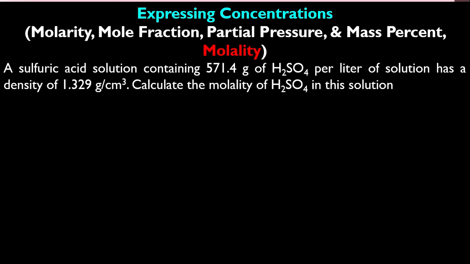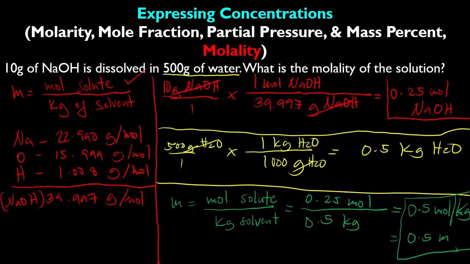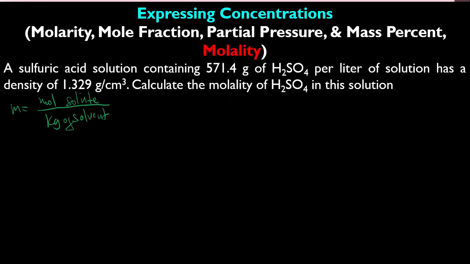Before we use our formula for molality, again, the molality of a solution is equal to the mole of solute over the kilograms of solvent. So we don't have yet the mole of the solute.